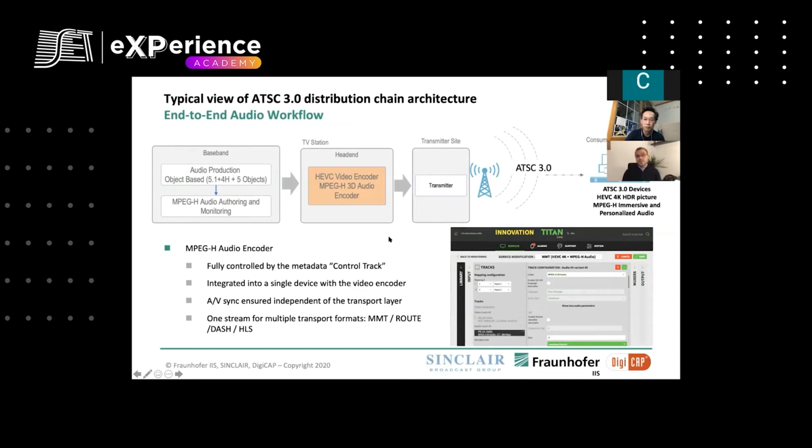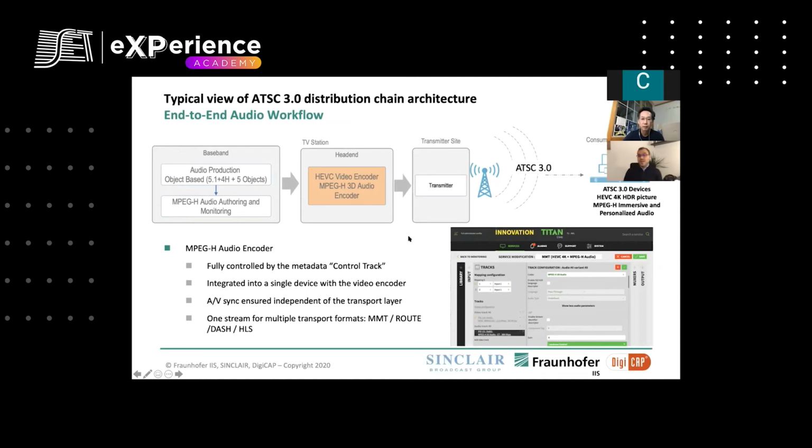And when it comes to audio, I already mentioned the metadata, the authoring step, which is the key component. It's also extremely important for the encoding step, because you want to ensure that everything that you have authored is delivered in a reliable way over SDI infrastructures, for example, to the encoder, and the encoder reacts and reconfigures itself on the fly based on whatever new settings you provide on the input.